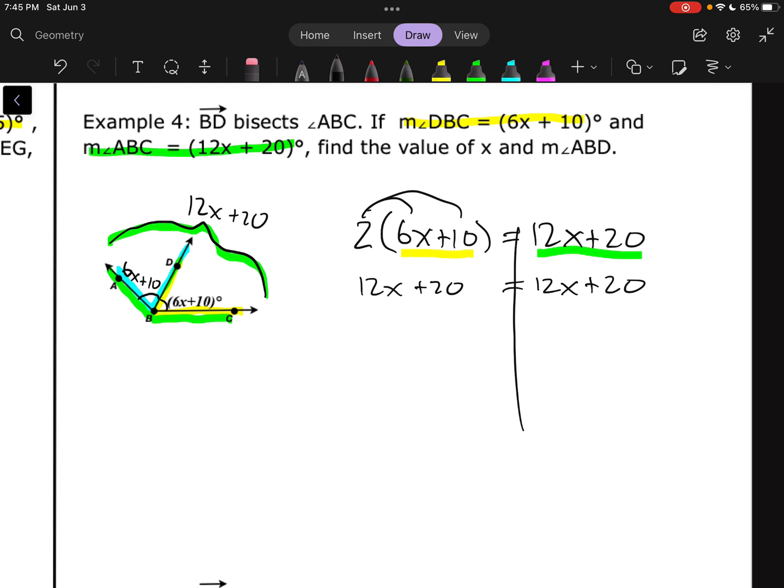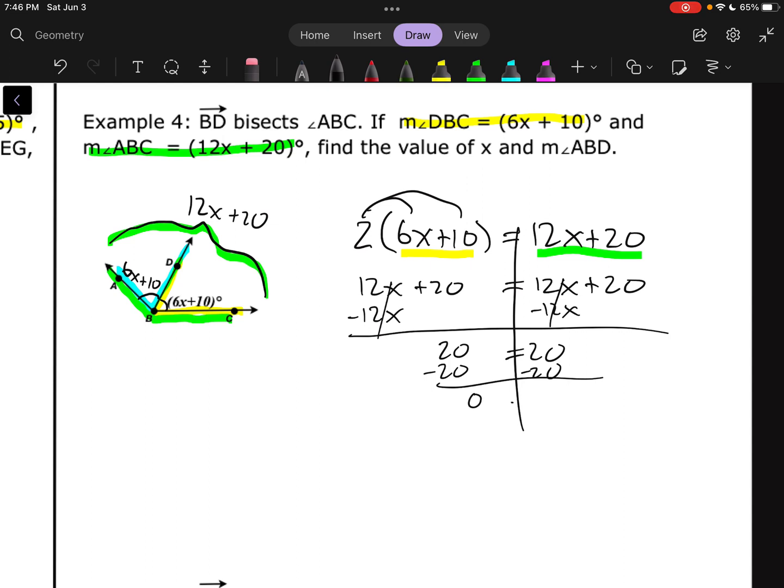If I subtract the 12x from both sides, I'm just going to get 20 equals 20, aren't I? Weird. Well, if I subtract the 20, I just get 0 equals 0. That's even weirder.